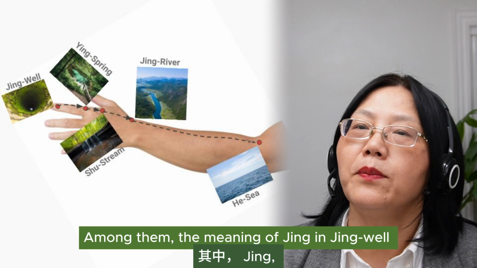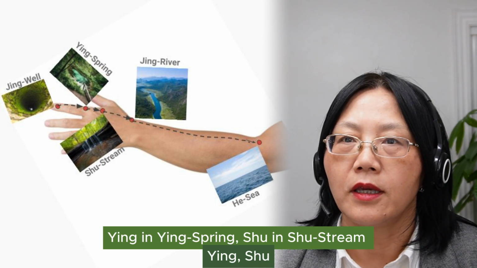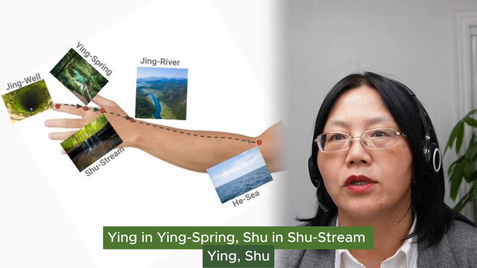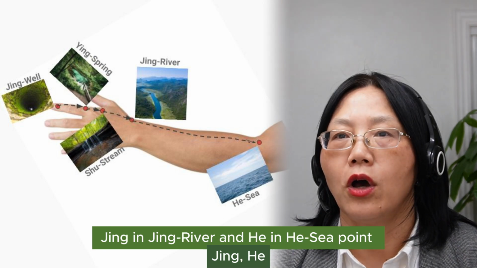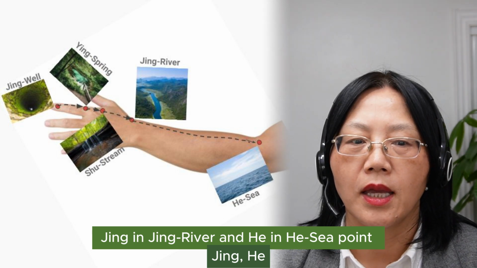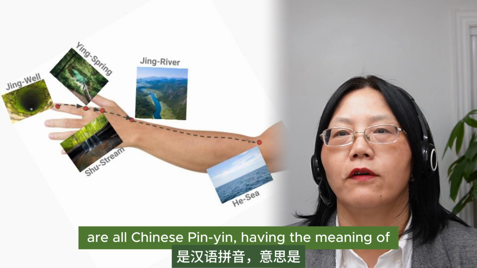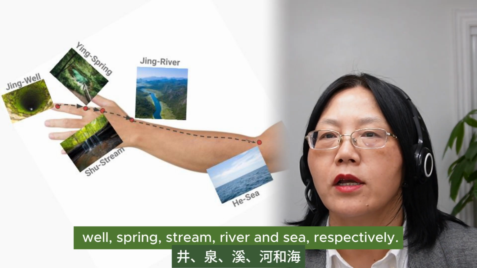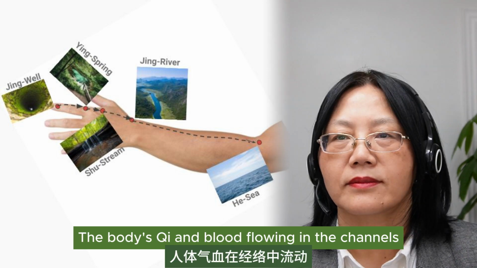Among them, Jing, Yin, Shu, Jing, and He are all Chinese pinyin having the meaning of well, spring, stream, river, and sea, respectively.